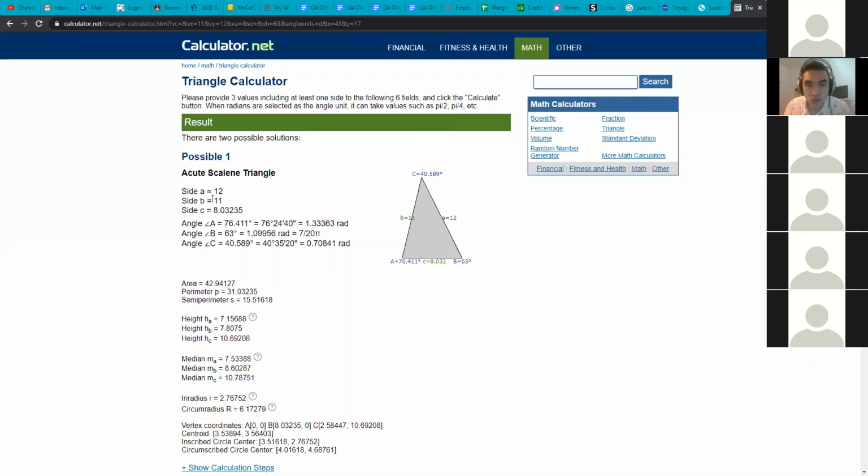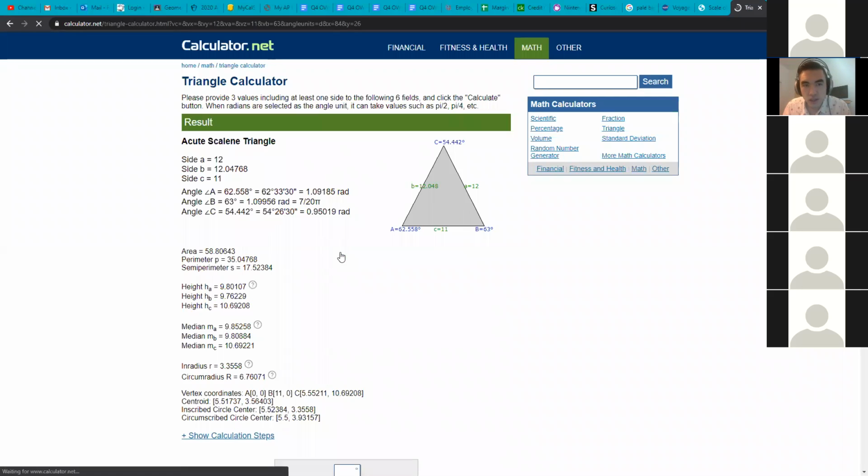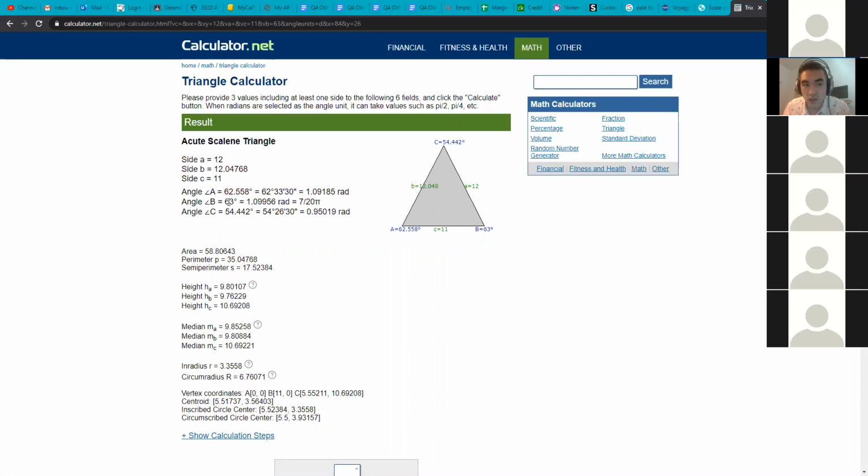Oh wait, did I put something in wrong? I put the side in the wrong position. Because it's SAS, it's 11, 63, and then 12. And check it out. It gives us the exact same answers that we just calculated. The other two sides are 12.04, and the other two angles get measured out as being the same, 62 and some change, 54 and some change.